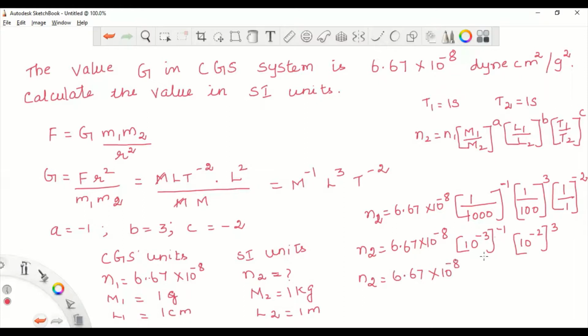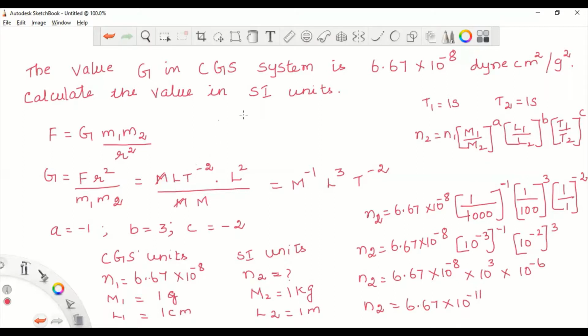Here minus 3, minus 1. So what will you get? Into 10 power plus 3. And again here minus 2 into 3, minus 6. So N2 will become here minus 8 plus 3 minus 6. Right. So you will get 6.67 into 10 power minus 11.